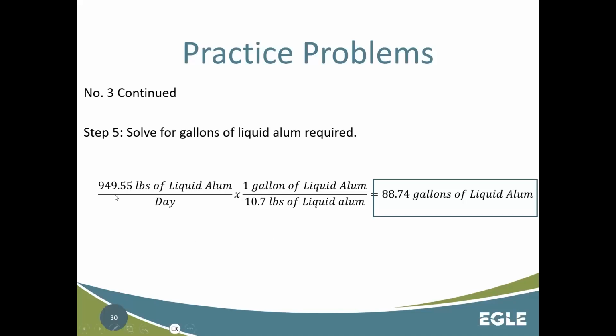But we know what our pounds of liquid alum is, and we know that 1 gallon weighs 10.7 pounds. We're going to follow our units here again. We're trying to get to gallons. So our pounds are going to cancel each other out, and we're going to end up with 88.74 gallons of liquid alum.